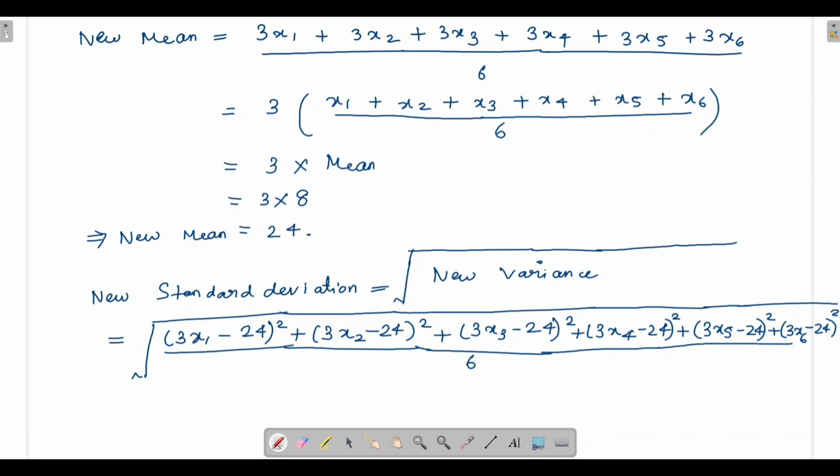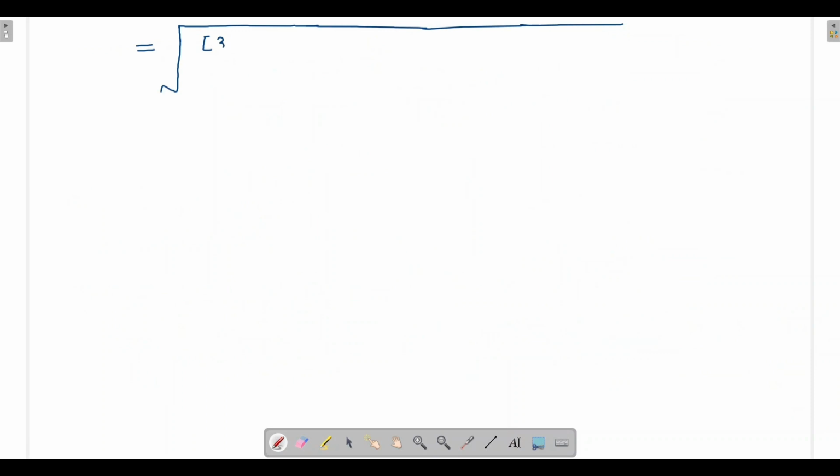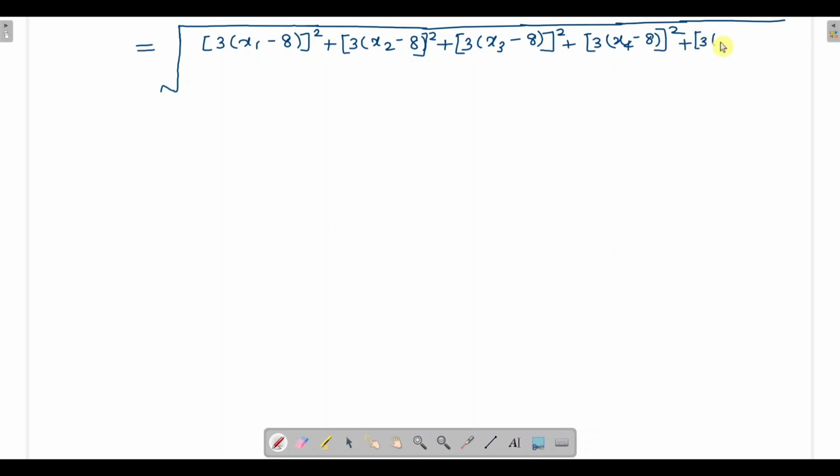So what we will get is equal to the root of, we can take 3 common from this. So we get (3x1 minus 8) the whole square, then similarly (3x2 minus 8) the whole square, then plus (3x3 minus 8) the whole square plus (3x4 minus 8) the whole square, then plus (3x5 minus 8) the whole square, and plus (3x6 minus 8) the whole square.